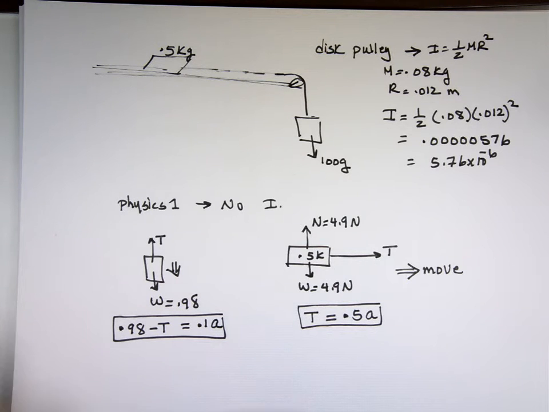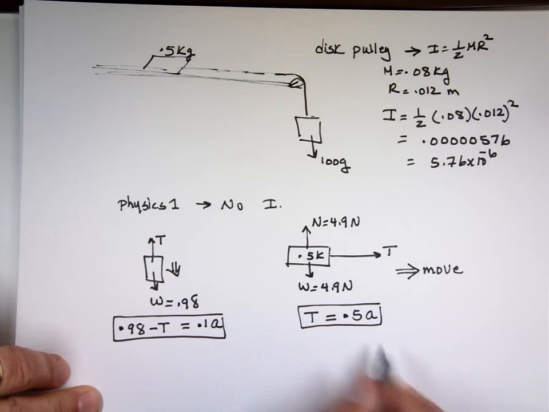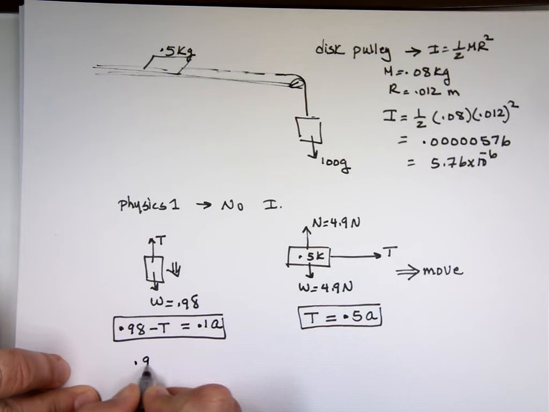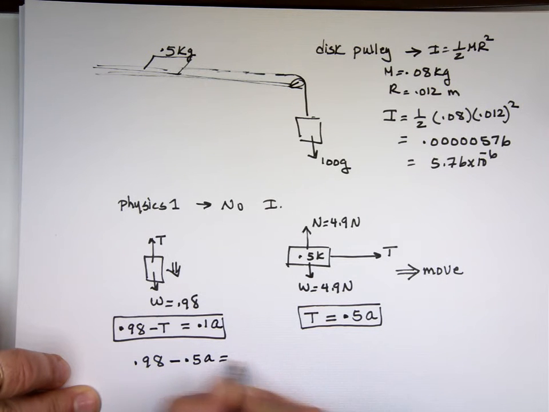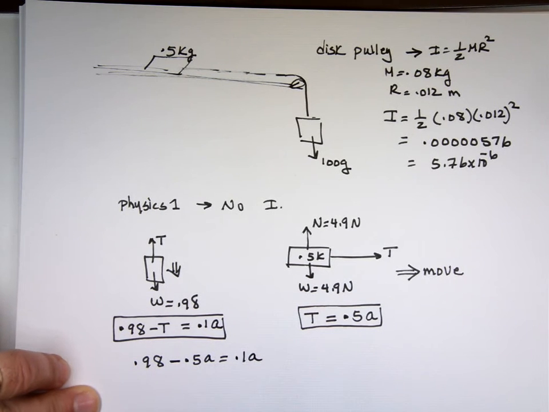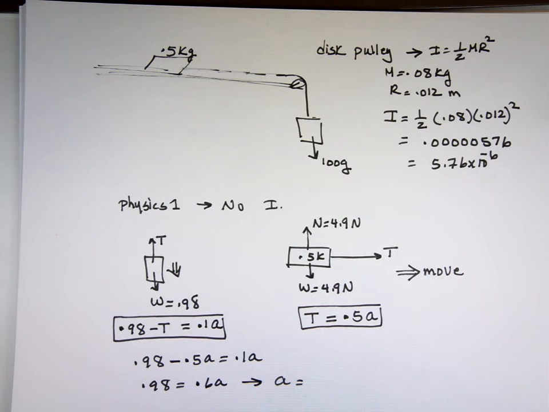So now we have two equations and two unknowns. Plug them in: 0.5a plus 0.1a, 0.98 equals 0.6a. Can we get the acceleration? 0.98 divided by 0.6 is 1.63.